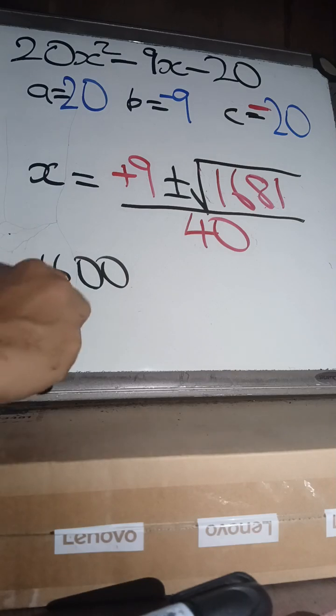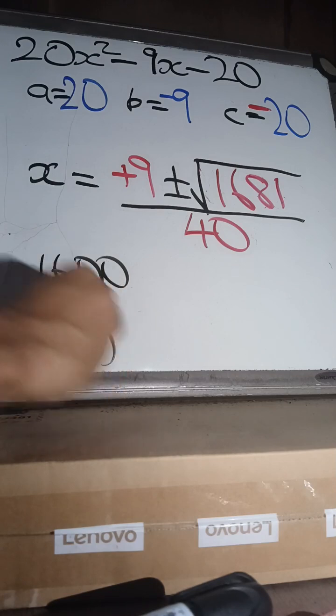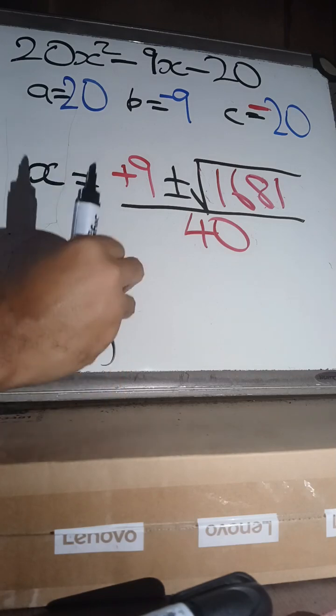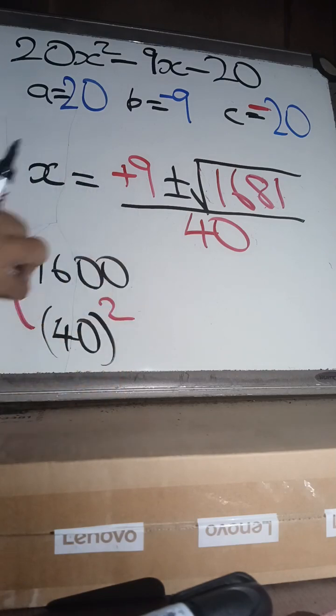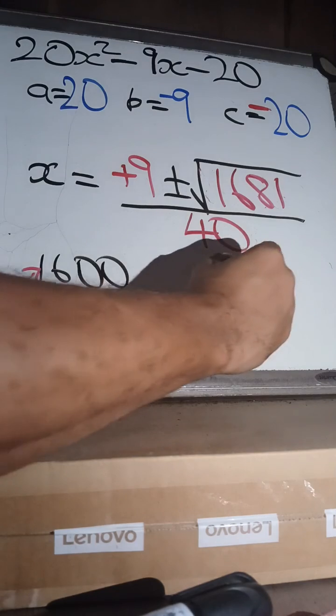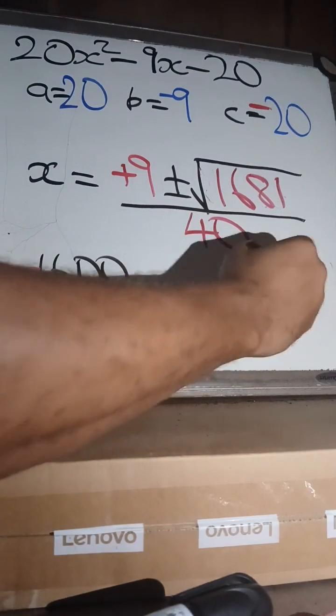So meaning if we multiply 40 by 40, we're supposed to get that.